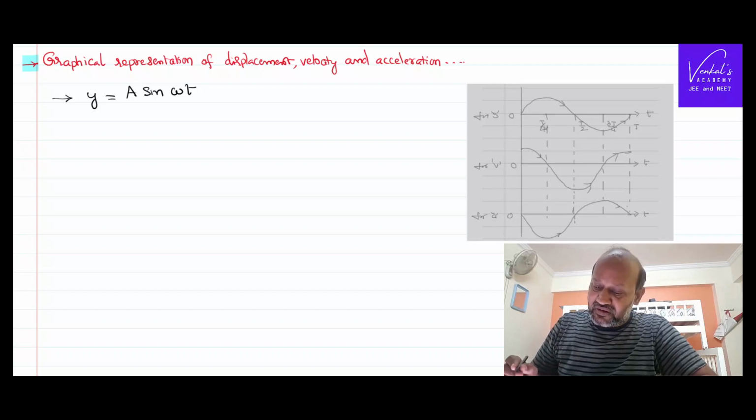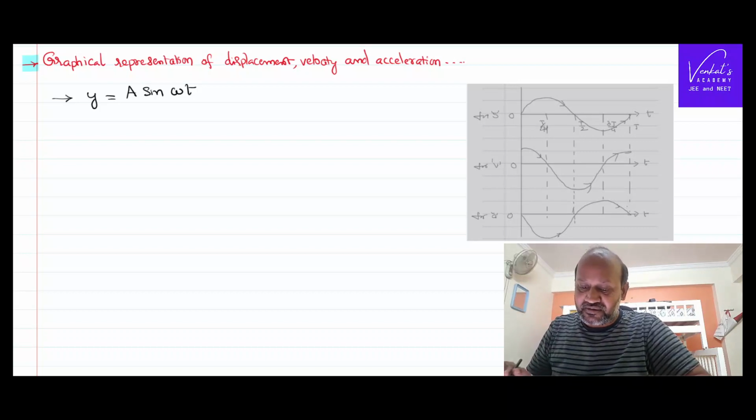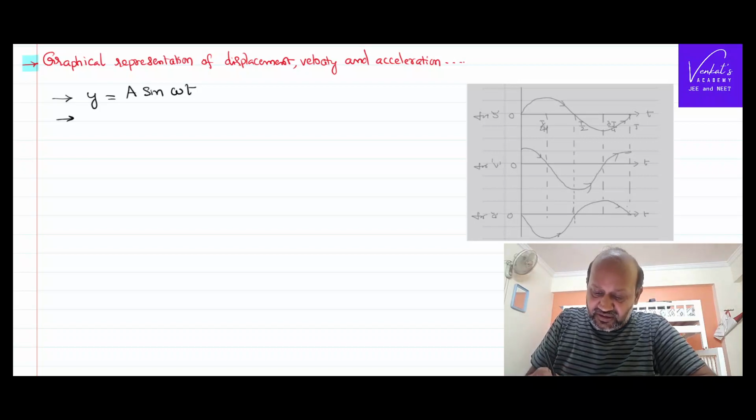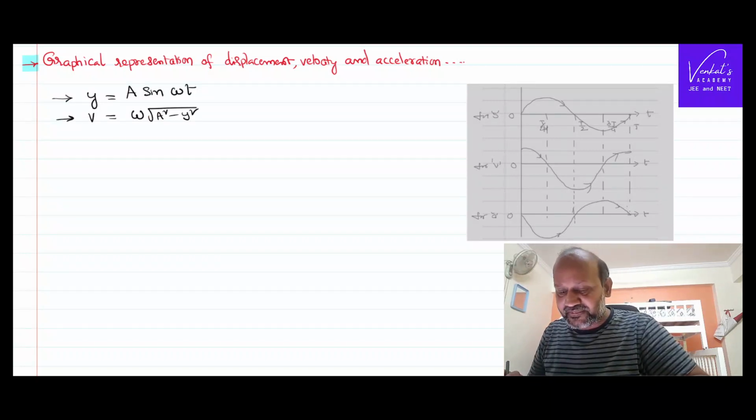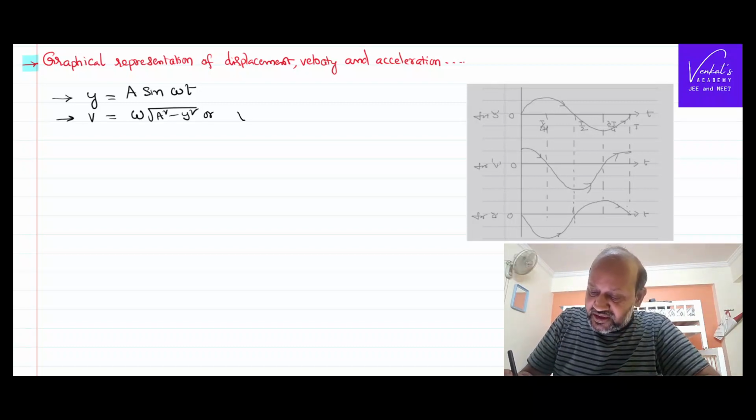We have also derived expressions for velocity and acceleration. For example, the velocity expression is derived as omega times root of a square minus y square, or in the other sense, v equals a omega cos omega t.